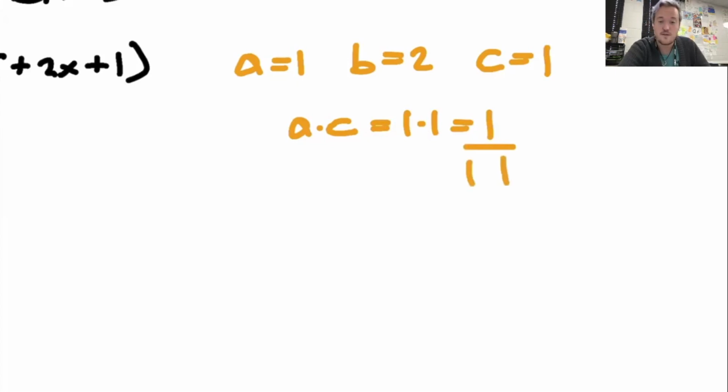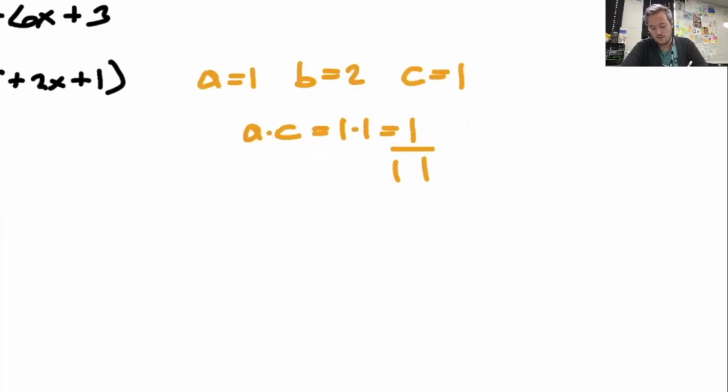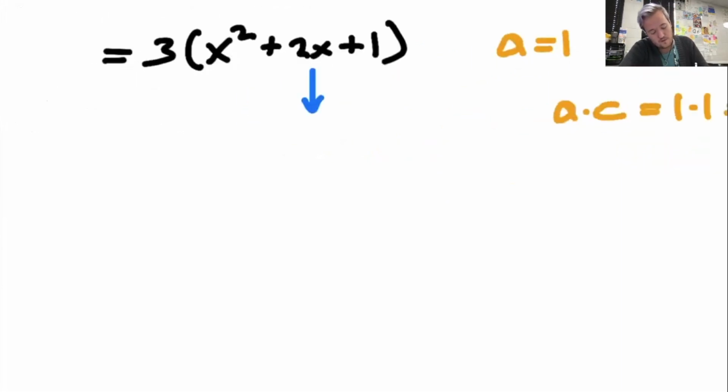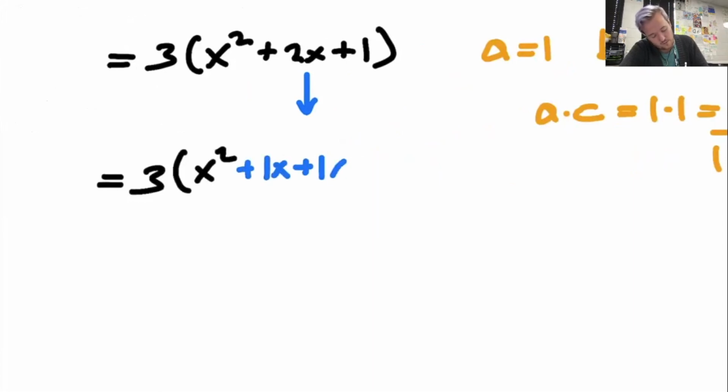It's just 1 and 1. We want the factors that add up to 2, so it's literally just 1 and 1. I'm going to split the middle. So I'm going to have 3, parentheses, x squared plus 1x plus 1x plus 1.